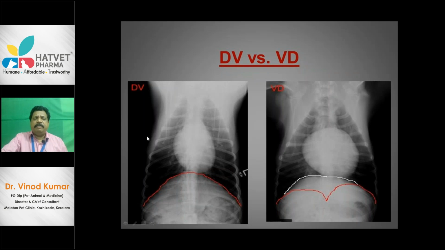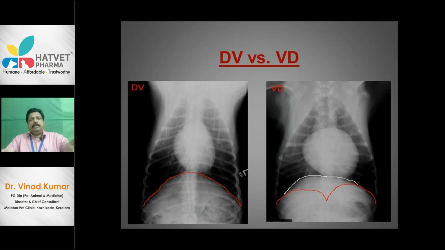Then sometimes you take the ventrodorsal or the dorsoventral radiograph. How will you say which it is? If the animal is in dorsal recumbency, the X-ray beam touches first the ventral region, then the dorsal region. That means it is a ventrodorsal radiograph.